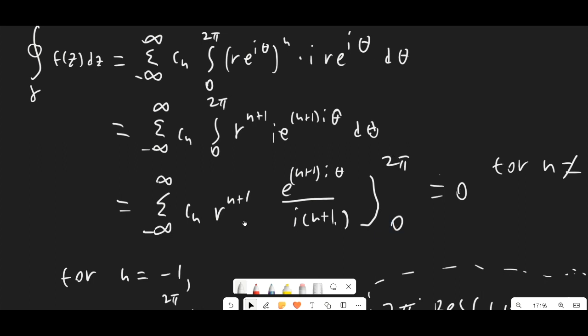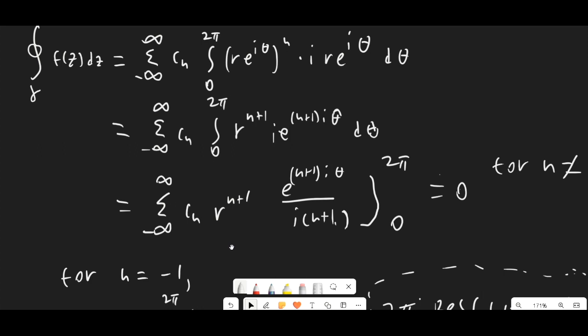And what this means is that all of these terms except for the negative 1 term are going to go to 0, because when you evaluate this function at theta equals 2 pi and theta equals 0, and this is just an integer, it's going to be a multiple of 2 pi, and e to the 2 pi i is always just going to be 1. So it's going to be the same at both bounds, and so it's going to be 0.